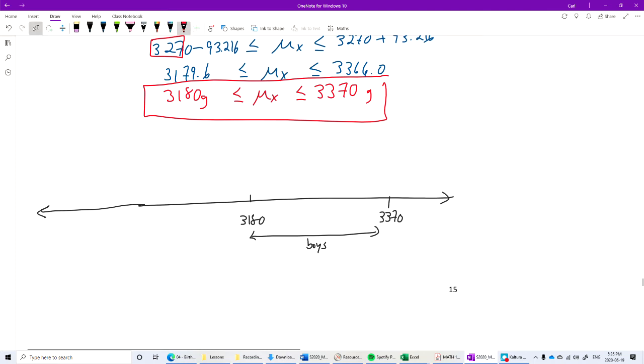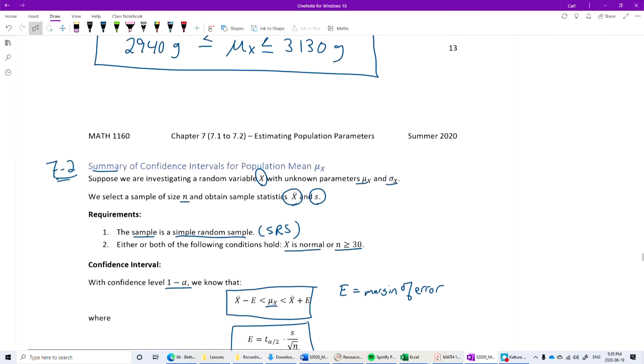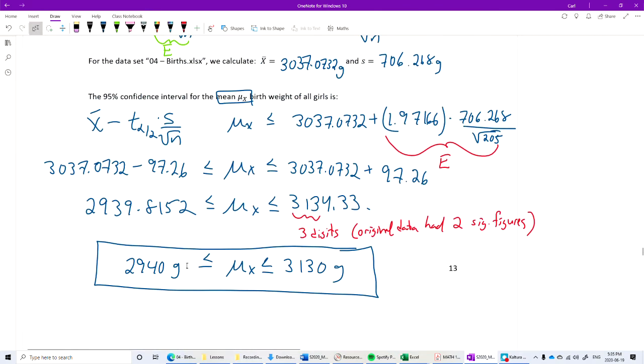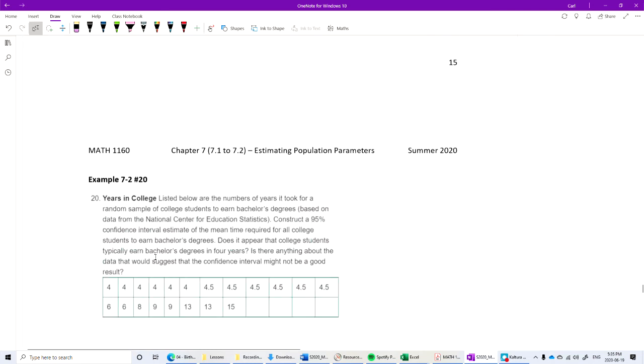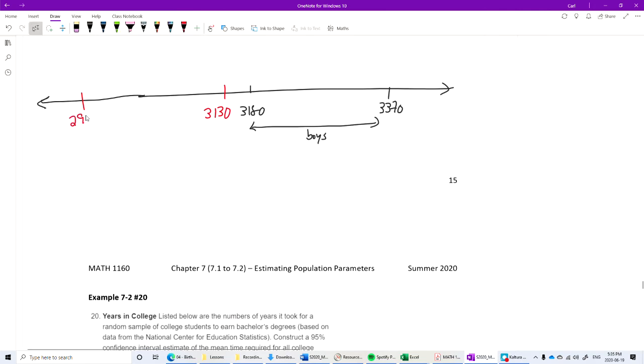So what does that mean? Did I read it wrong? 3130. Let's see. Nope, that's the upper limit. 2940. This is for girls. And so it looks like they don't overlap. The intervals do not overlap.